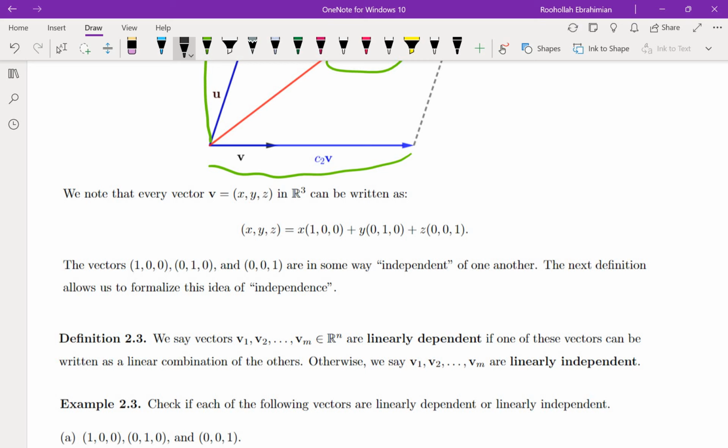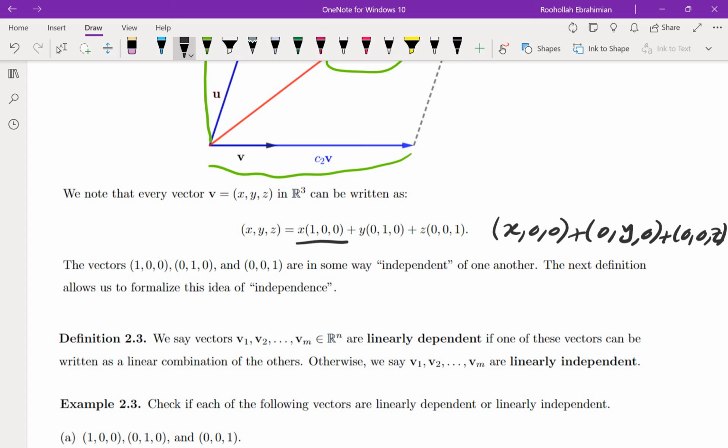We note that every vector w that is of the form x, y, z can be written as x times 1, 0, 0, y times 0, 1, 0, and z times 0, 0, 1, because the first one is x, 0, 0, the second one is 0, y, 0, and the last one is 0, 0, z.